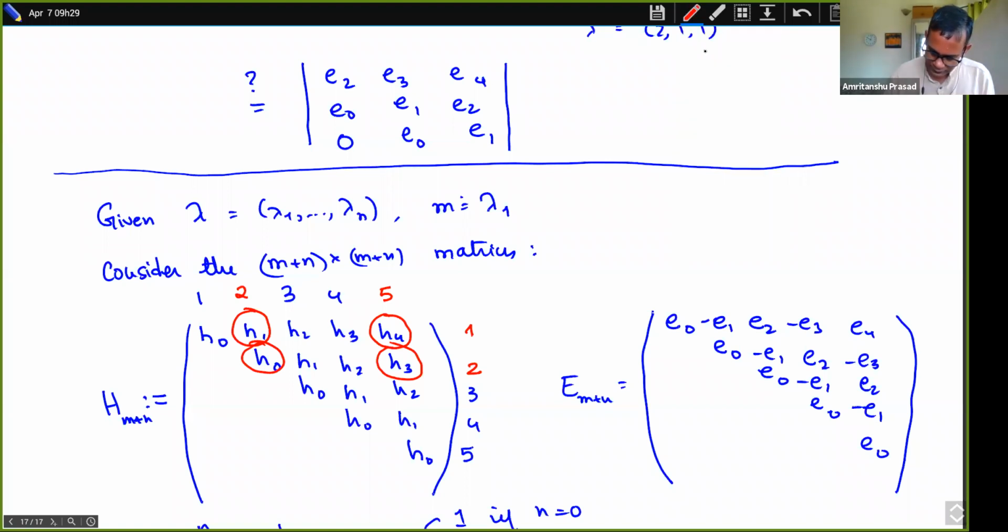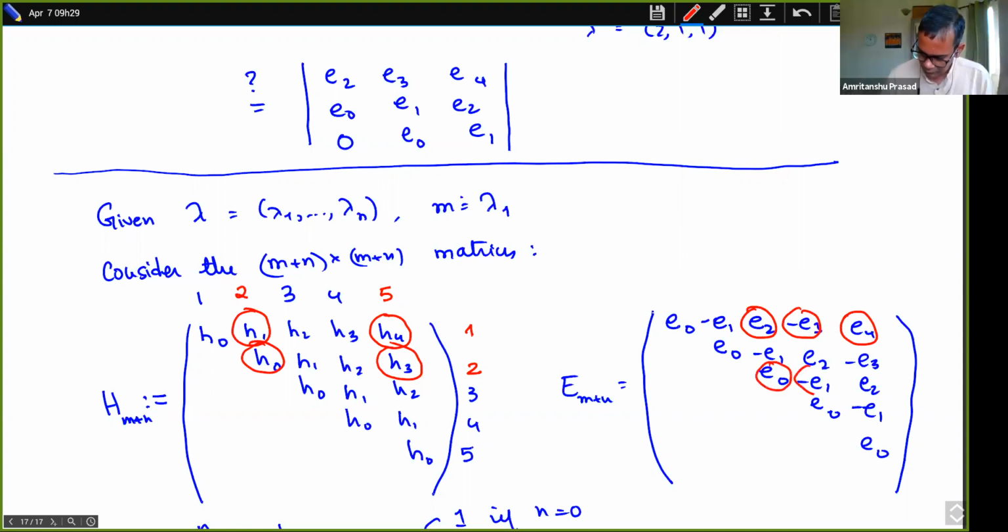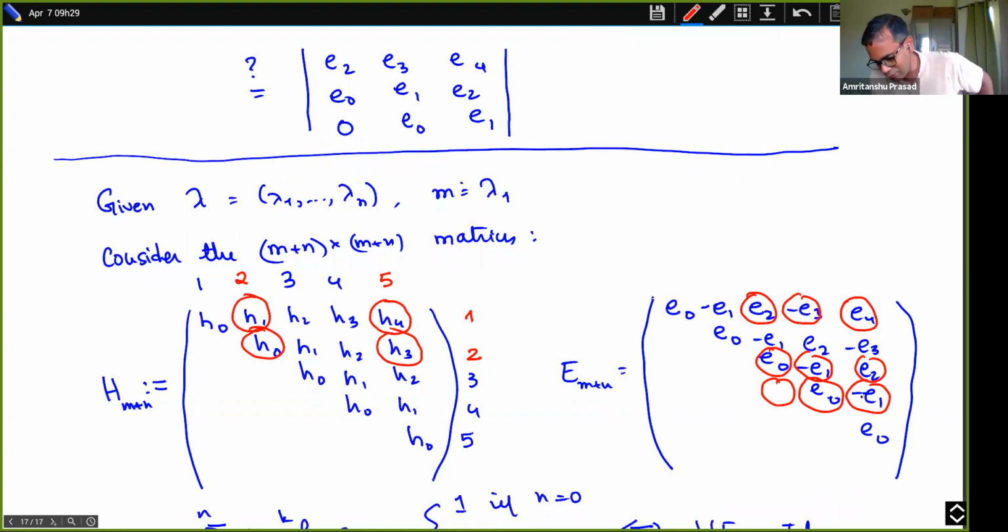So this E is E2, E3, E4, and then we have E0, E1, E2, and then we have here the 0, E0 minus. So it's almost this, but some of the entries have their signs reversed.